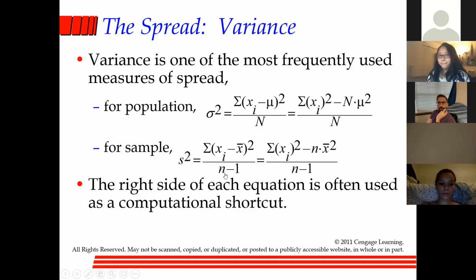And there is a technical reason why we use n minus 1. There's a thing called an unbiased estimate. We want to make sure that what we calculate in a sample, which is not the entire population but a subset, is an unbiased estimate of the population value.